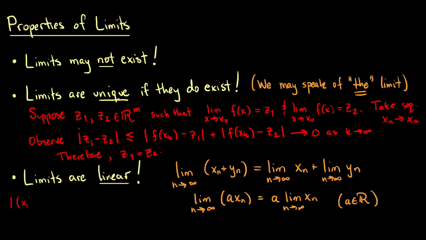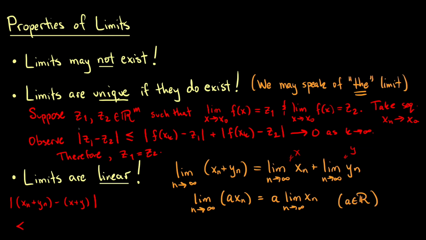So I'm going to take xn plus yn minus the quantity x plus y, because I'm going to call this limit x, and this limit I'm going to call y, just for shorthand. What I'd like to do is look at the difference between the term in the sequence xn plus yn and the sum of the limits.